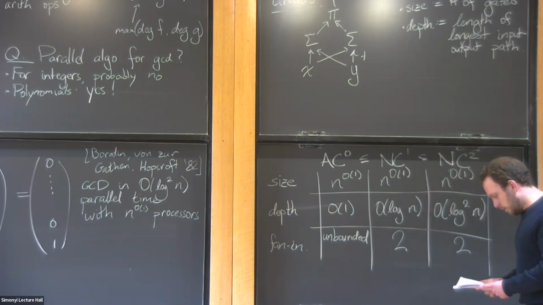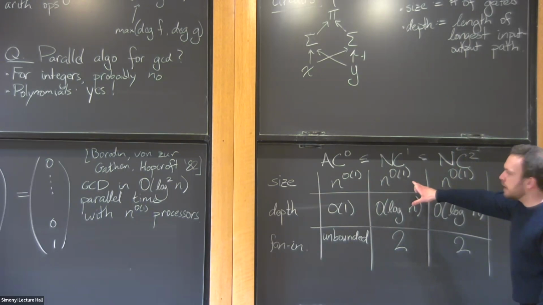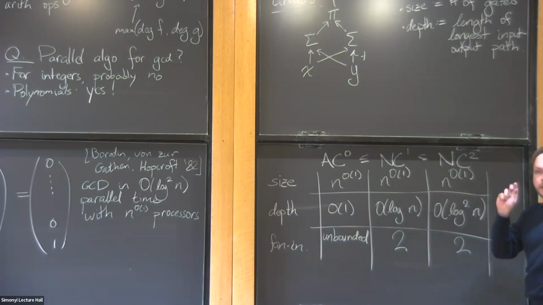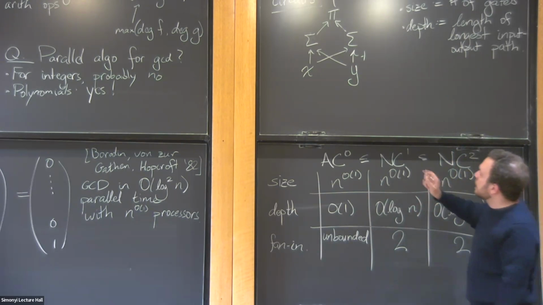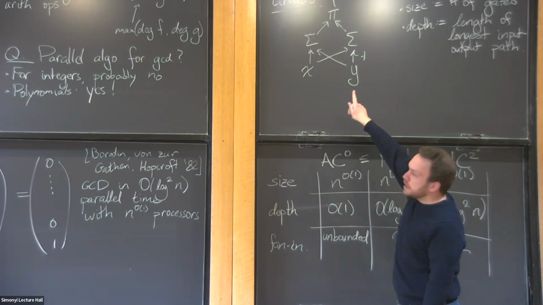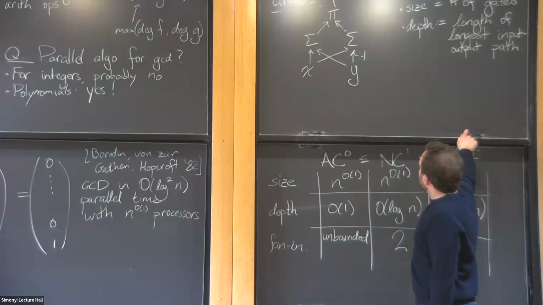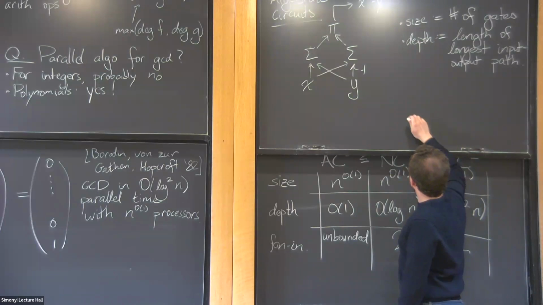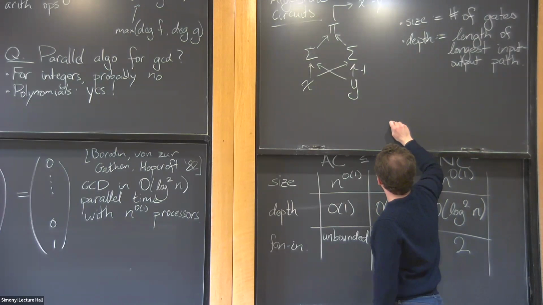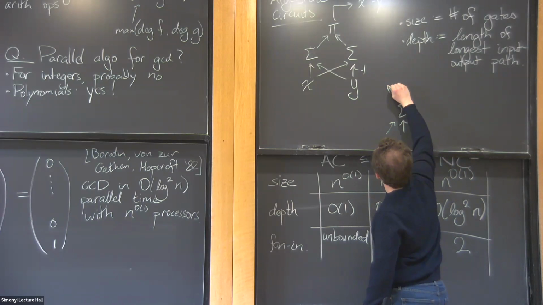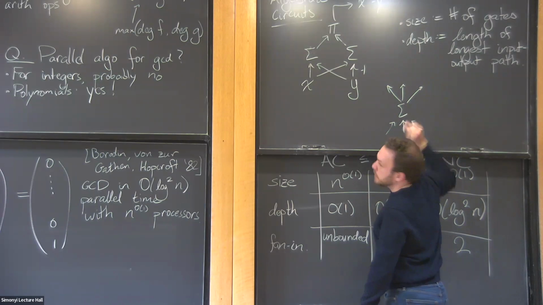One more thing I should mention is that NC1 captures what are called formulas, in the sense that here I was allowed to reuse some gates. Maybe this example is not so good. You could imagine that you have some intermediate gate in your circuit and you want to reuse the result many times.